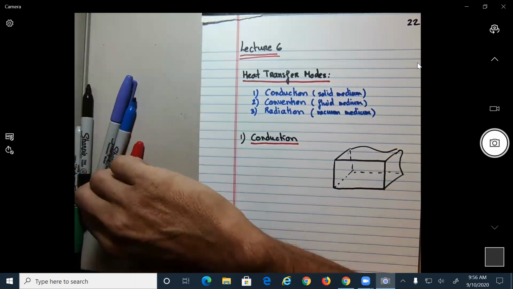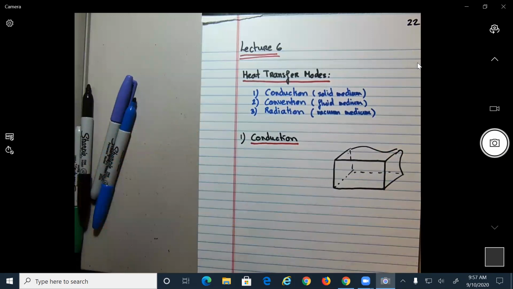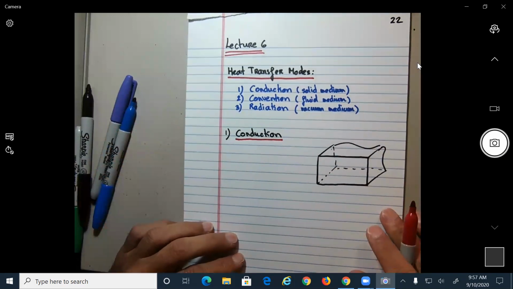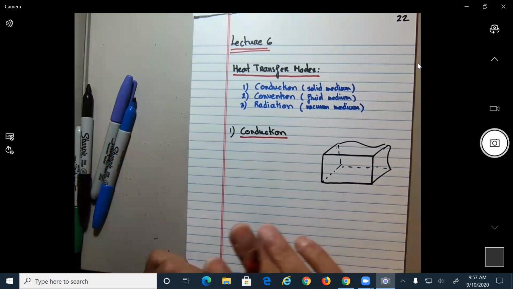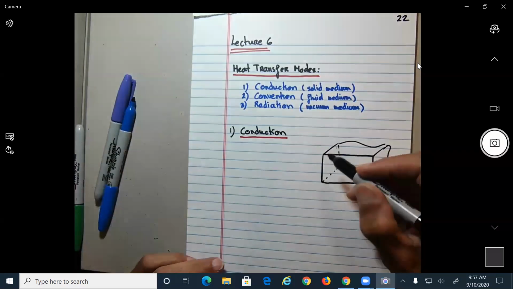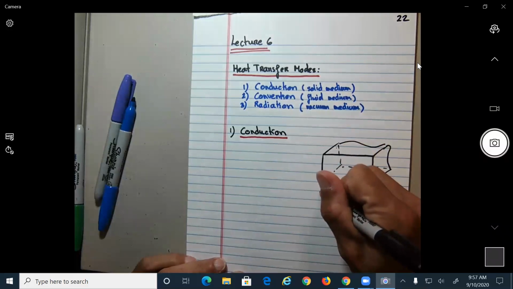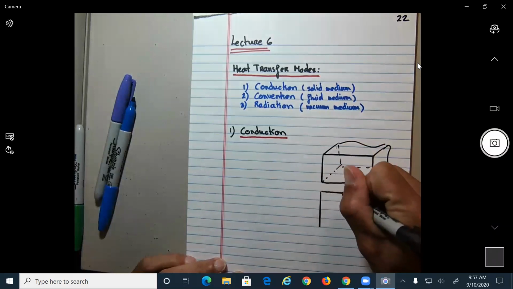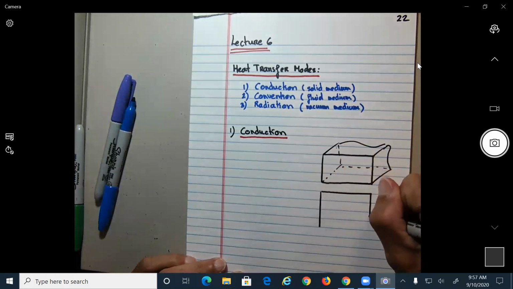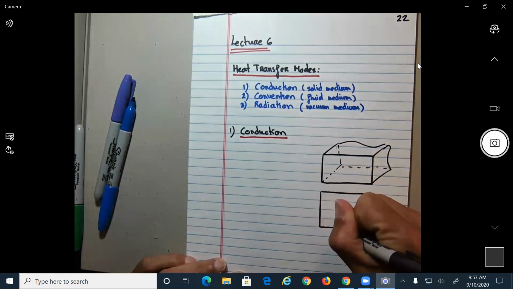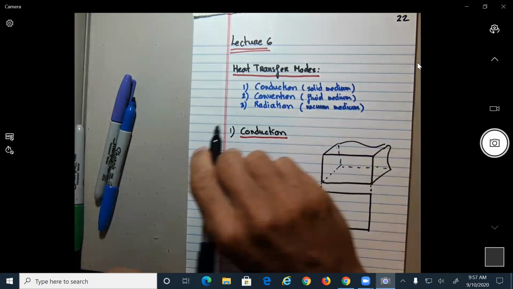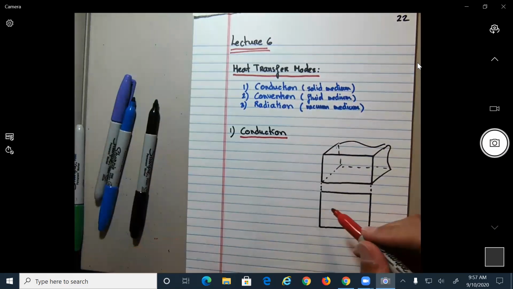So in that brick, let's say this is the outside. We are in Florida, so let's say it's hot. Okay, so I'm going to do a little sketch here. It's going to be easier to understand. So let's say this is the outside. So let's say you are in Florida.